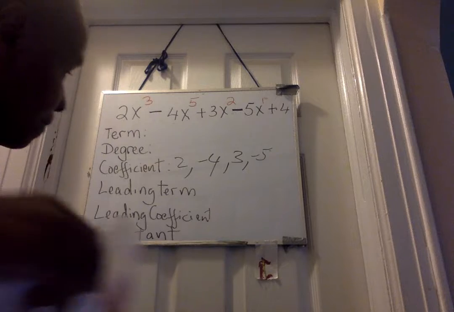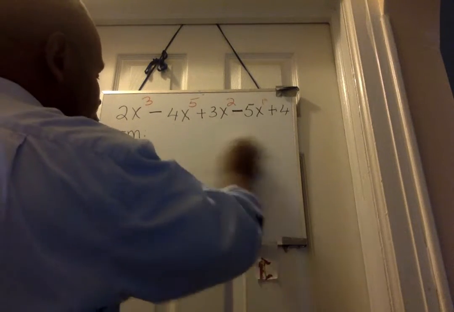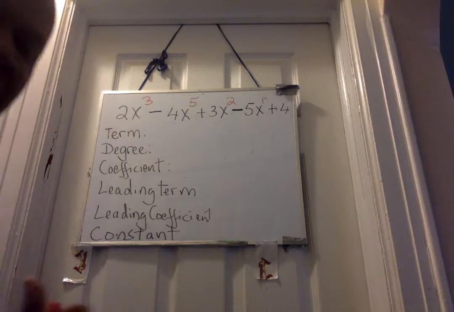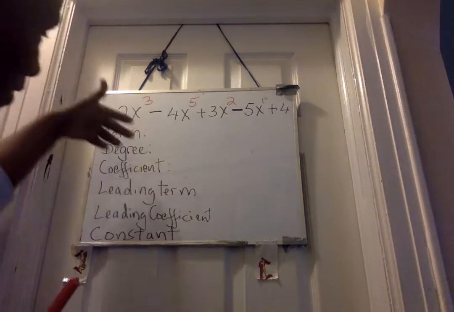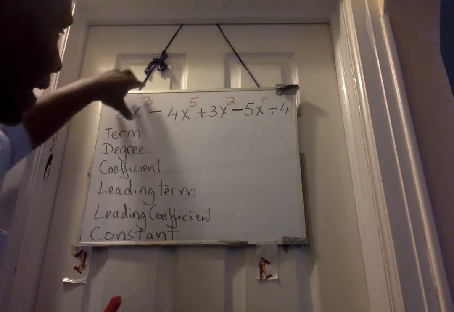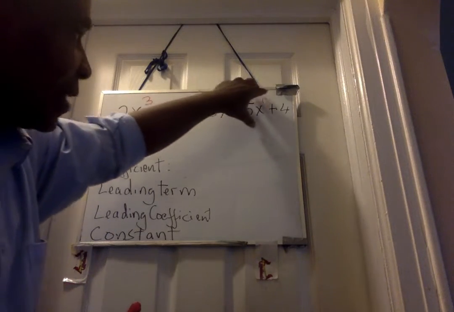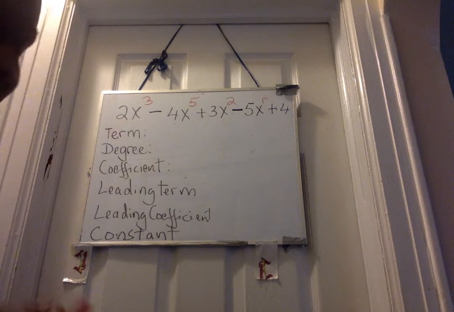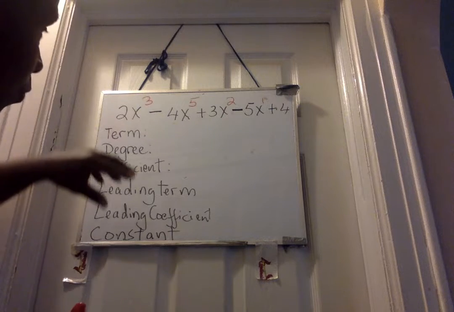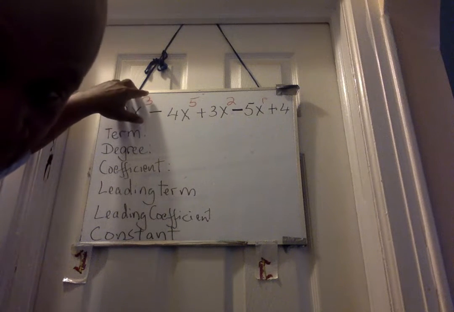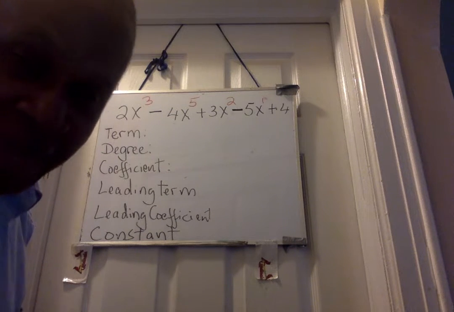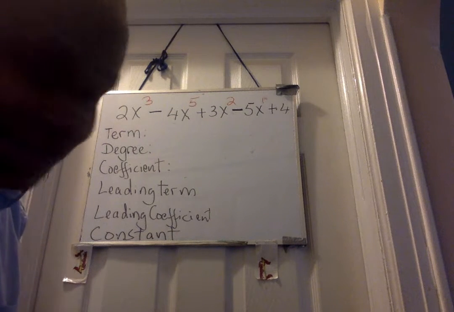Okay? So, now let's go to leading term. We said that these are terms, right? That's one term, that's another term, that's another one, and so on. The leading term is the one that has the highest exponent. You may think that because this is in the front, it would be the leading term? No. The leading term is the term that has the highest exponent in it.